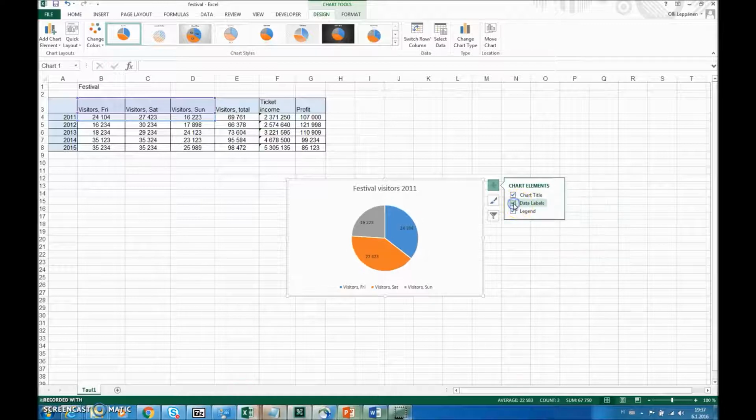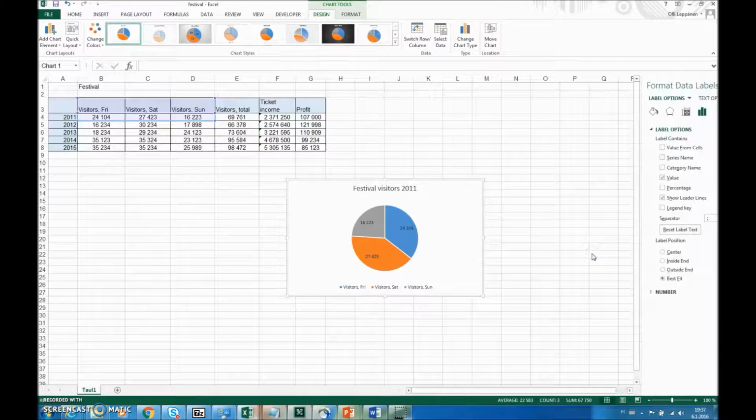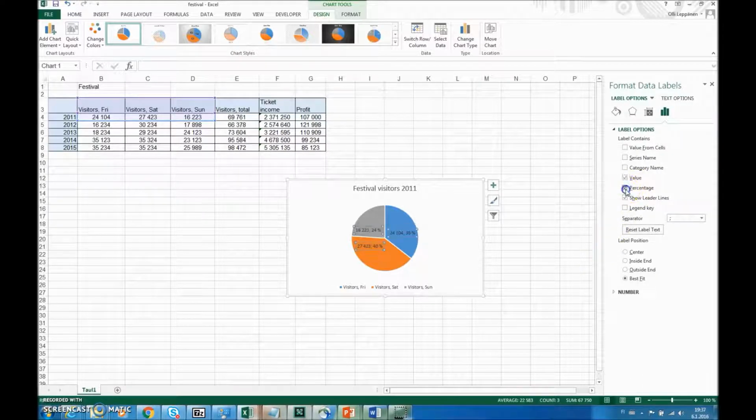So for example, if we want the data labels, now it shows the number of visitors on different days during 2011, and from here we can even get more options. For example, the percentages. So we can see that most of the visitors came on Saturday, 40%, and only 24% of visitors were there on Sunday.